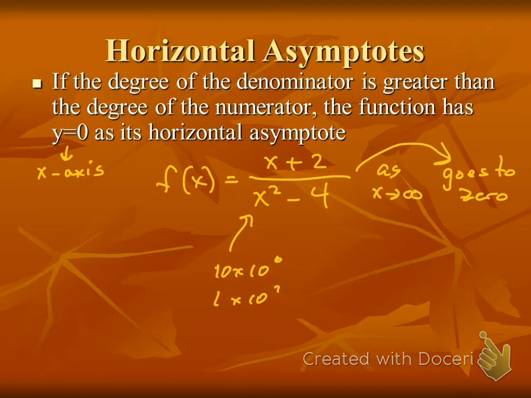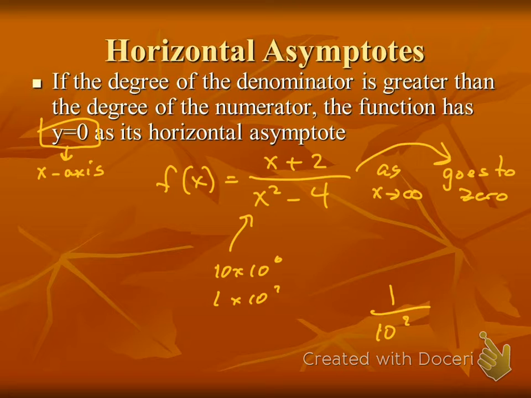The top is 10 to the 7th. There's a big difference in those two values. Right? 10 to the 7th over 10 to the 14th is 1 over 10 to the 7th. That's a really small number. It's 1/10,000,000th. Okay? So as x gets large, the function value is getting really, really, really small. It's actually limiting itself to y equals 0.